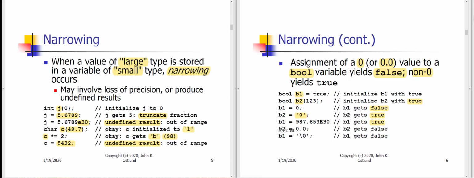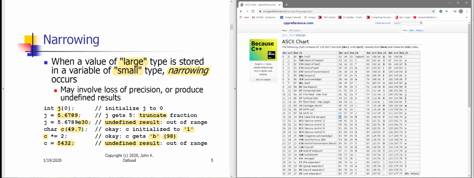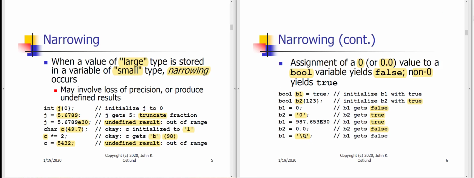If I say b2 gets double precision 0.0, well, b2 gets false. And the null character, which is usually written as quote \0 quote, the null character is the character whose character code value is 0. Okay, so this is another way of assigning 0 that is false into b1.